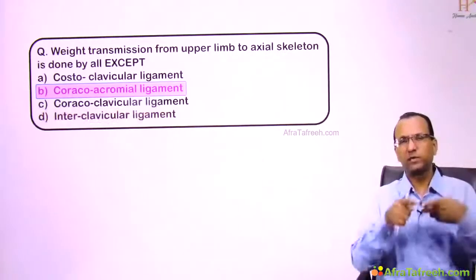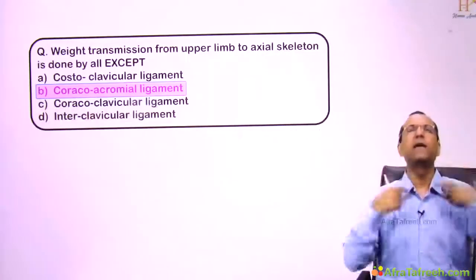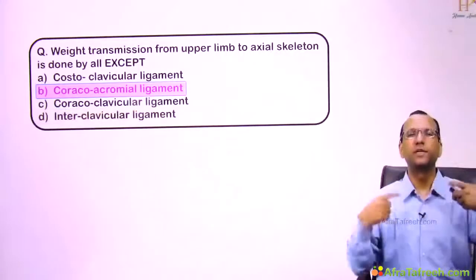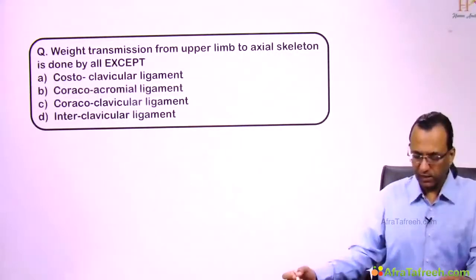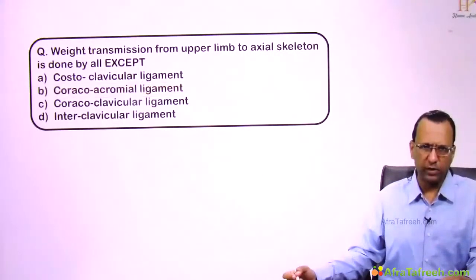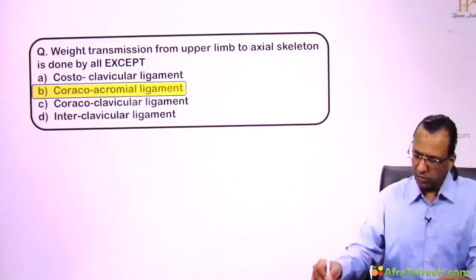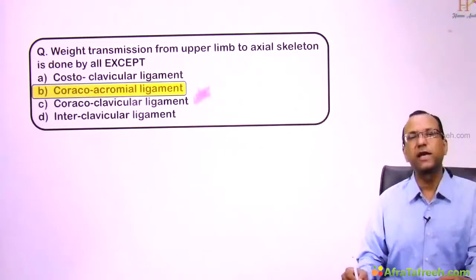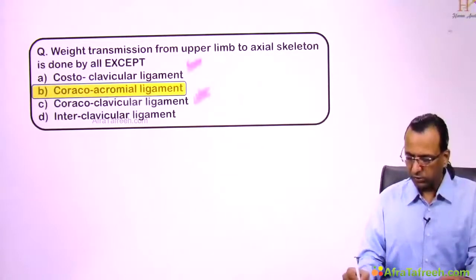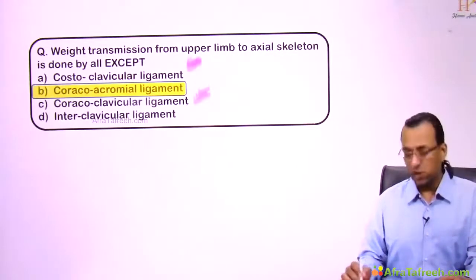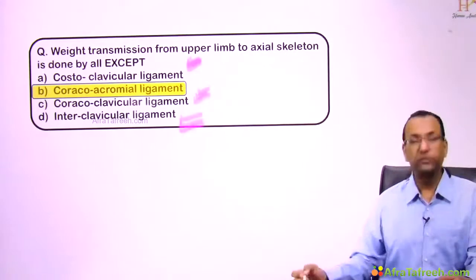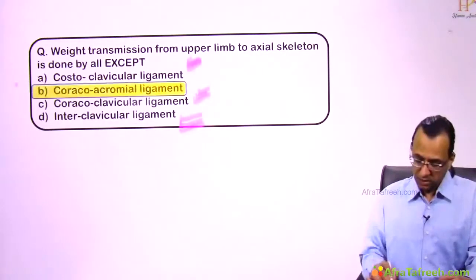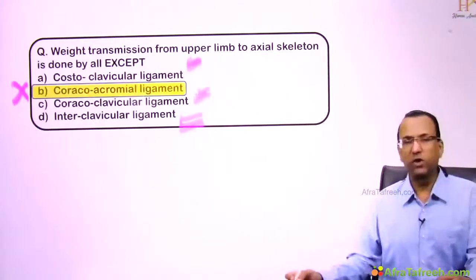So one bone to the next bone. So it will definitely help in weight transmission. So you mean to say I should keep this as the answer? Of course. Which is the most important for weight transmission? The most important for weight transmission is coracoclavicular ligament, and next in number, that is the costoclavicular ligament, and next in number, maybe interclavicular ligament, but which is not helping. This one, coracoacromial, is not for weight transmission.